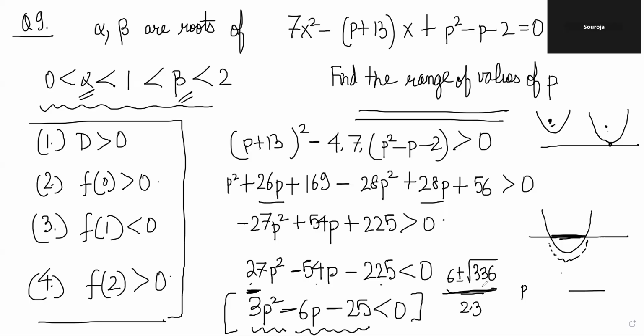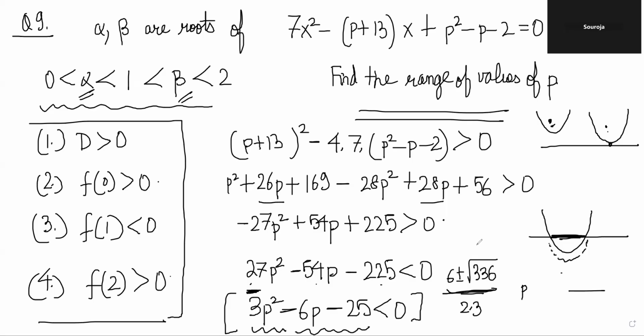Let me just check the calculations once. b square is 36, minus minus plus 12 into 20. Okay, maybe I made a mistake. 4 into 3 into 25. So 12 into 25 is 300. So 36 plus 300. Okay, it's correct only.